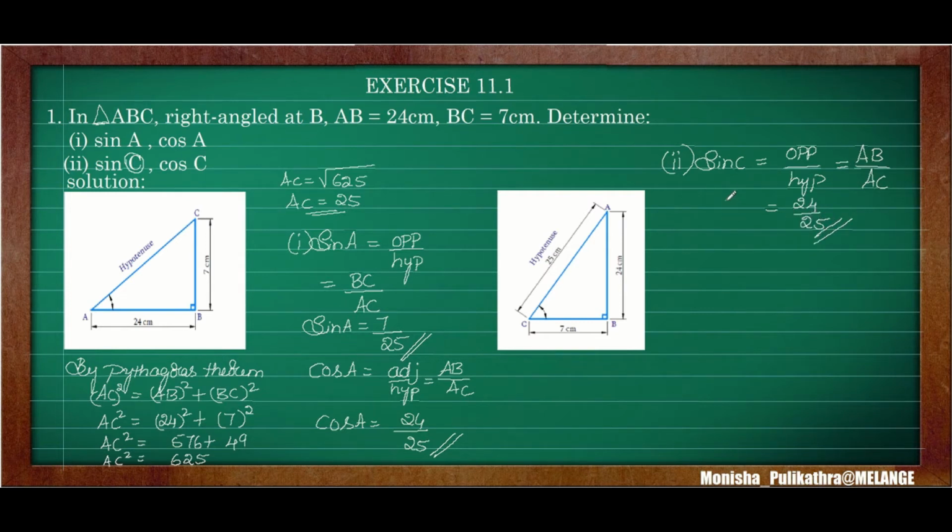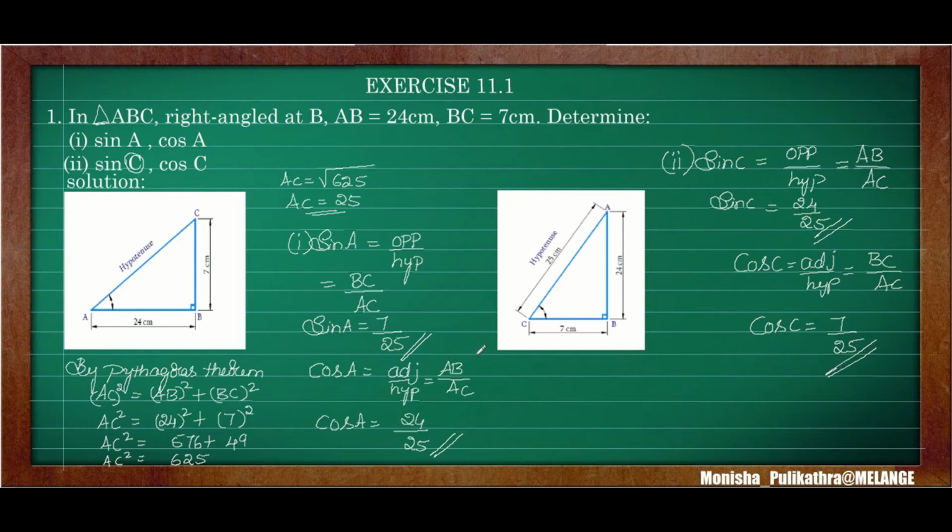This is the value for sin C. Next is cos C. Cos C is again adjacent by hypotenuse. Here the adjacent side is BC and the hypotenuse is AC. So cos C is BC, which is 7, over AC, which is 25.